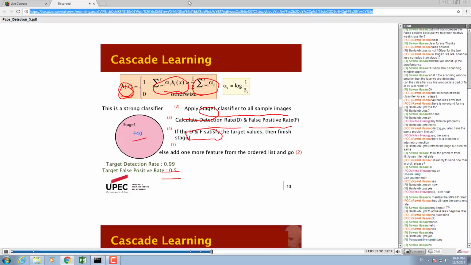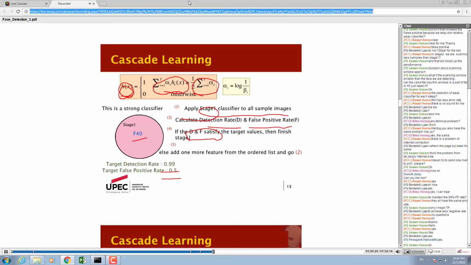So a bigger number is okay, right? In the case of detection rate, bigger is better. So if stage 1 is already at 99.5%, it's good. In terms of false positive rate, by the way, it should be less than or equal to 50%.